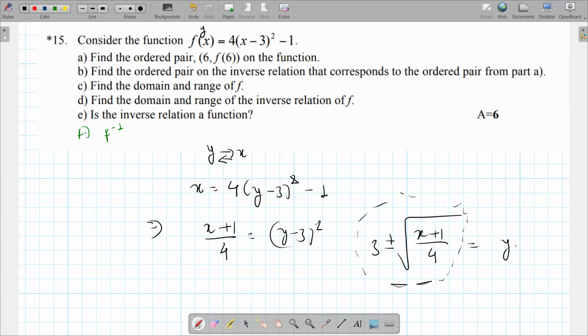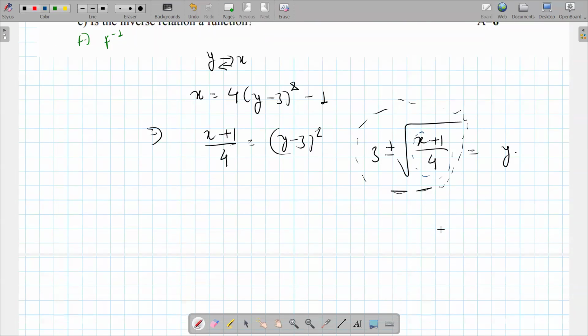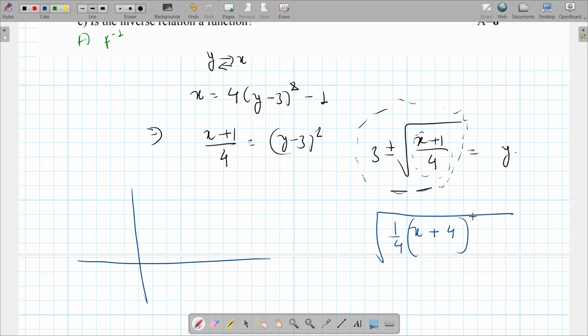So what I said earlier was you always want to do the domain and range using f and not f inverse, because look at this. It may not be easy for you to find the domain and range of that function. What does that even look like? So this one, let's write it like this. 1 over 4 (x plus 1), plus minus, looks like that.